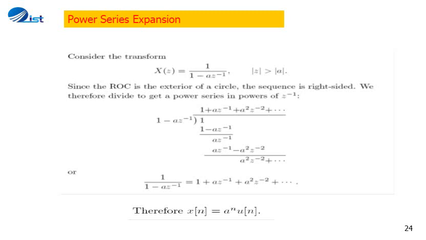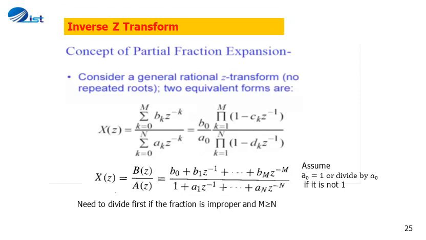Now we will move to the last part of this lecture, which is computing inverse Z transform. This slide is showing how to perform inverse Z transform using partial fractions.